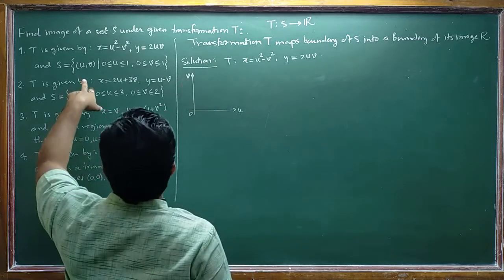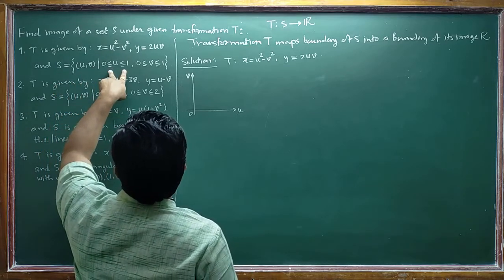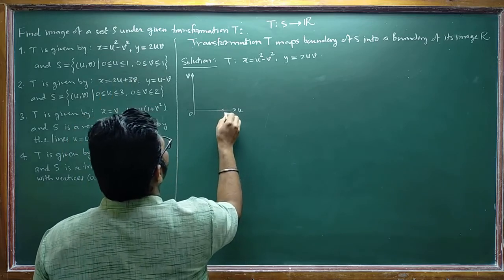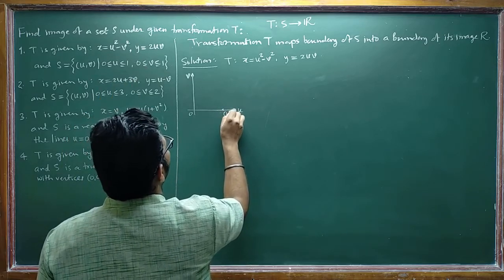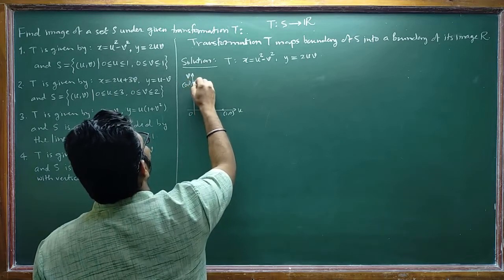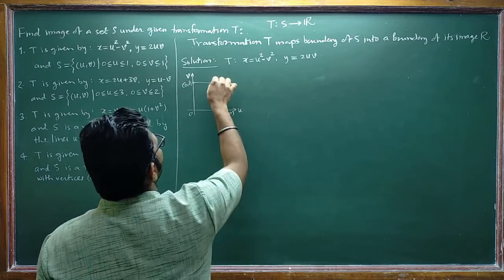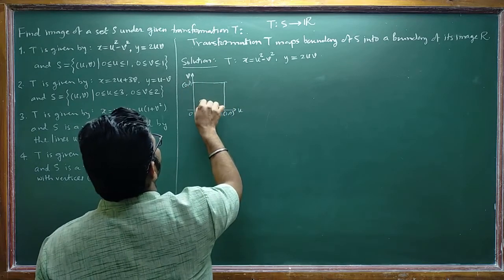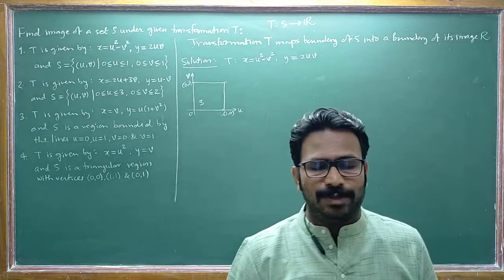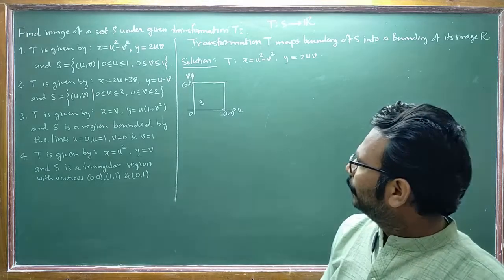The region S is given by u varying from 0 to 1 and v varying from 0 to 1, with corners at (1, 0) and (0, 1). So this is the region S, a square of size 1, every side is 1 unit.